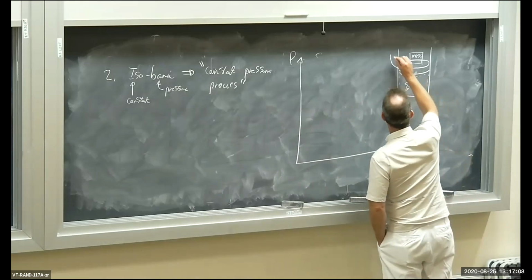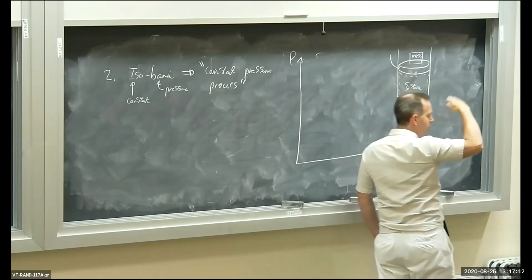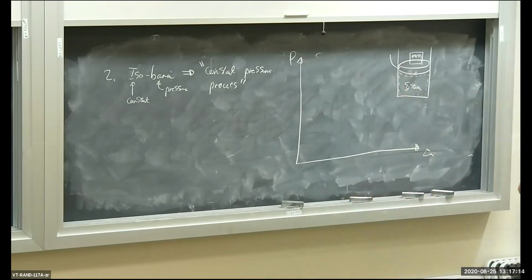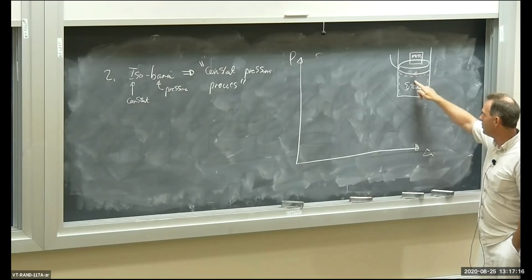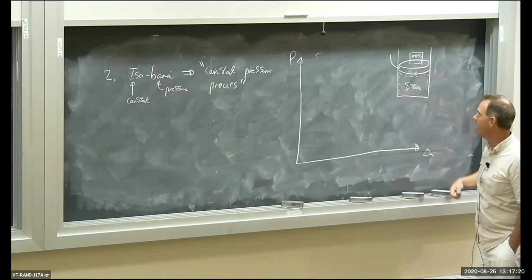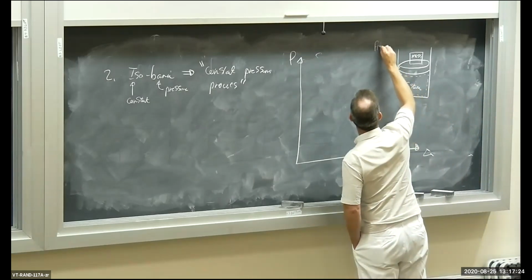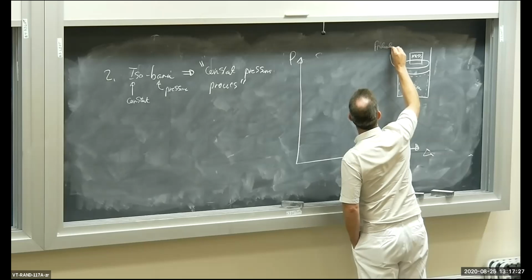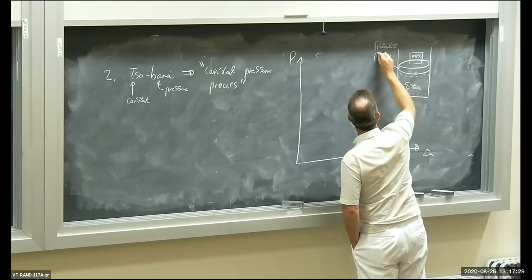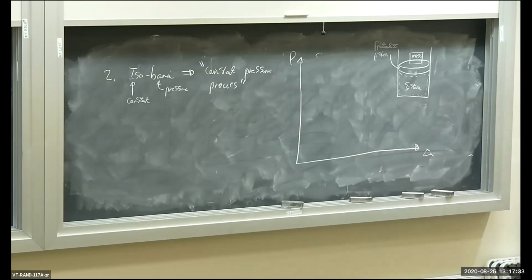And again, I haven't mentioned this yet, but I am assuming that the piston moves up and down freely. So here's the piston. I'm assuming the piston moves up and down freely in the cylinder. In other words, frictionless piston. Okay? There's no friction between the piston and the cylinder.